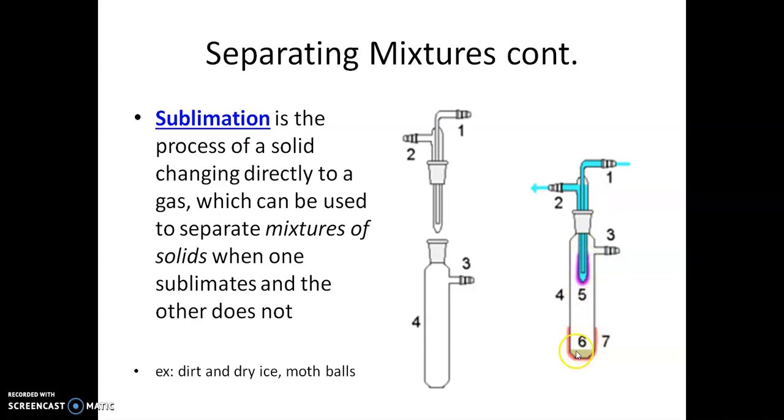And whatever sublimes, whatever goes directly from a solid to a gas, will rise up and touch the end of the cold finger, which is number 5. And therefore you're left with whatever didn't sublime still at the bottom as a solid. And then once the gas touches the cold finger, the really cold piece of glass, it recrystallizes around that piece, and you can just take it out and scrape it off, and you have separated them.